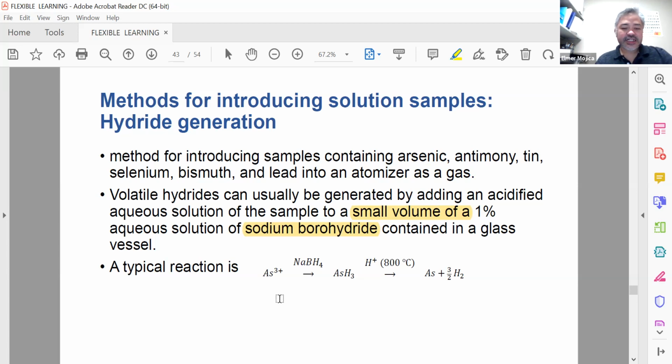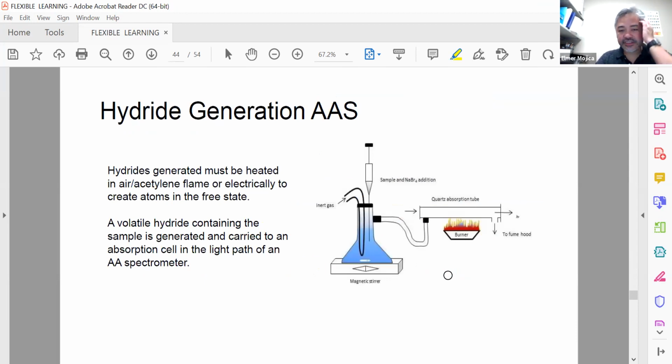So the typical reaction that you have here, you have arsenic 3+, you have the sodium borohydride there, okay? And then you form AsH3, reacted with acid at high temperature, you produce arsenic and hydrogen. And if you're going to look at this, this is how hydride generation happens.